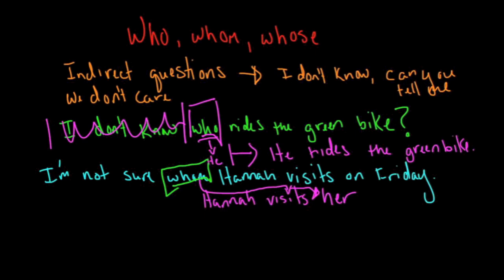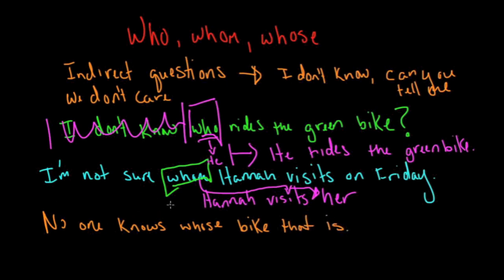And the last one we're going to take a look at is, of course, whose. I'm going to say, no one knows whose bike that is. No one knows whose bike that is.